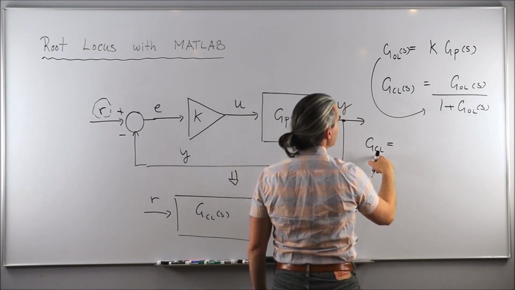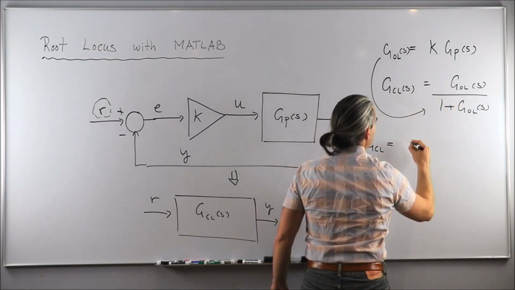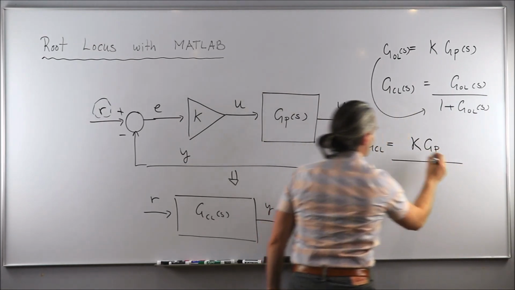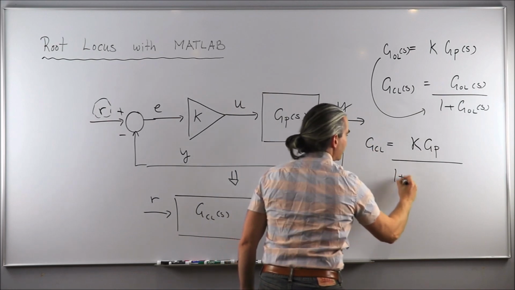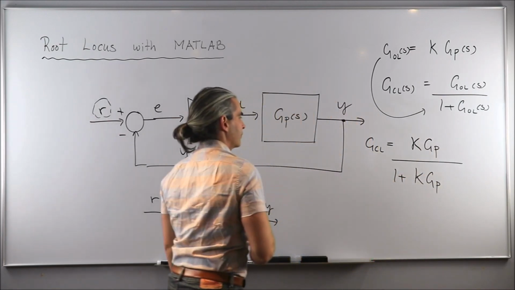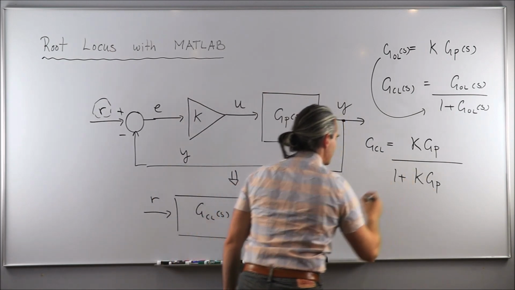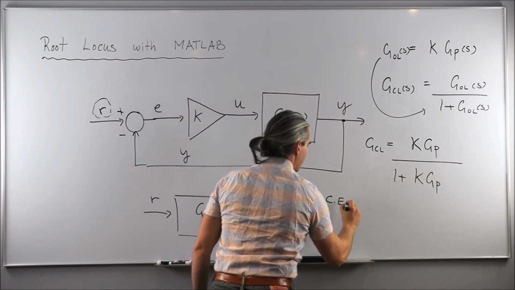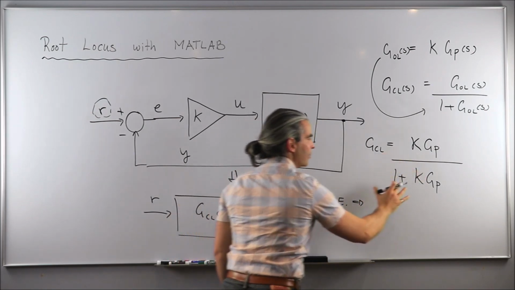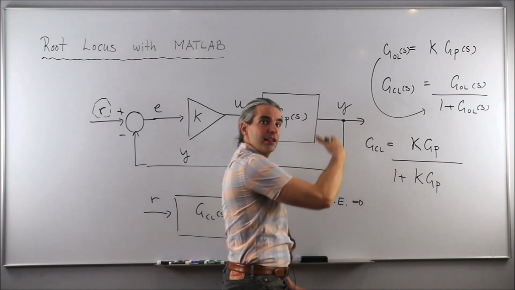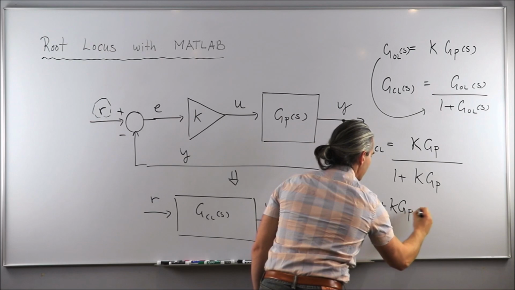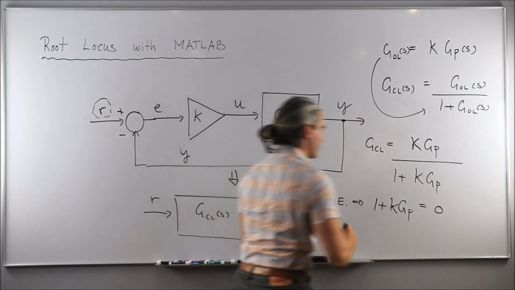So G closed loop, G open loop, meaning that this is K times the transfer function of our plant, over 1 plus G open loop being 1 plus K times G of P. Okay, good. Now I'm in a position to obtain my characteristic equation, which is nothing more than just the denominator of my closed loop transfer function set to be equal to 0. That's 1 plus K times GP equal to 0.